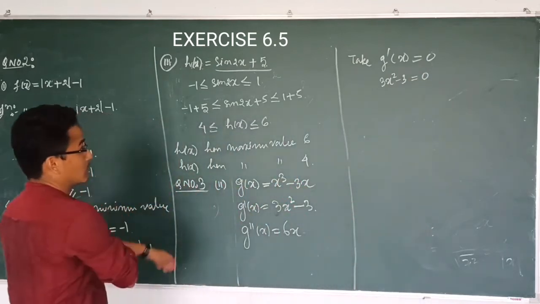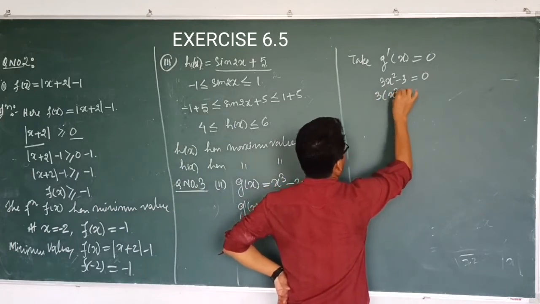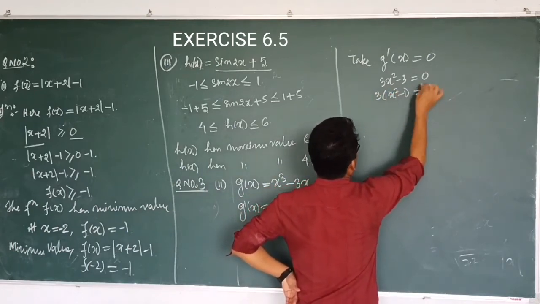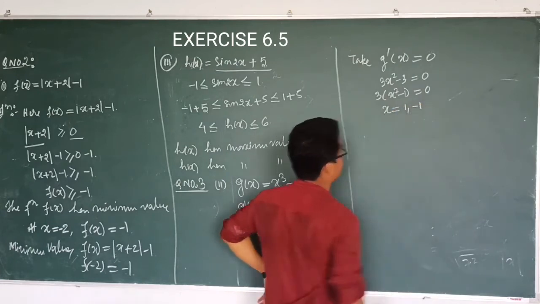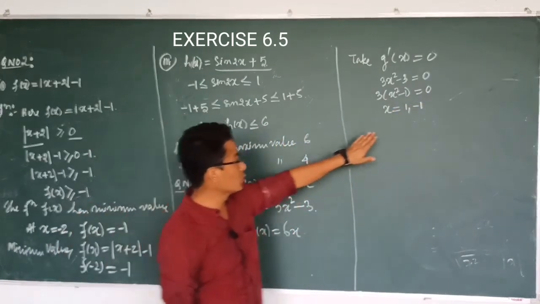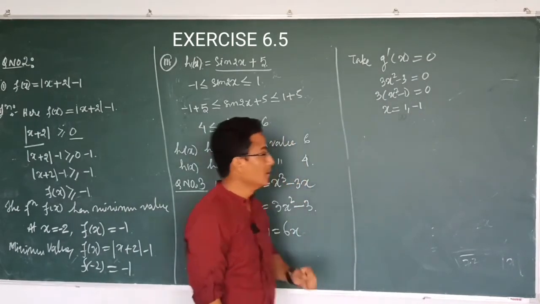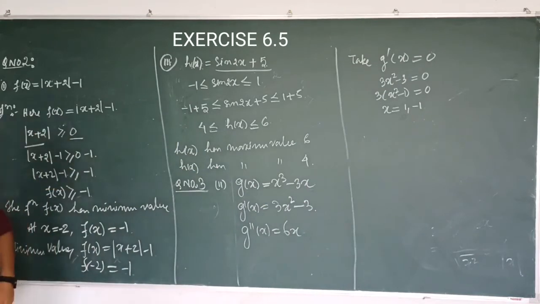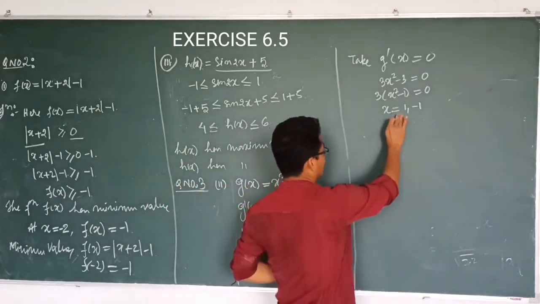That is 3 times x square minus 1 equal to 0. So x equal to plus 1 or minus 1. So we will get 2 points, x equal to 1 and x equal to minus 1. Now we will put these 2 points and see whether they are maxima or minima. So we will get 2 critical points.